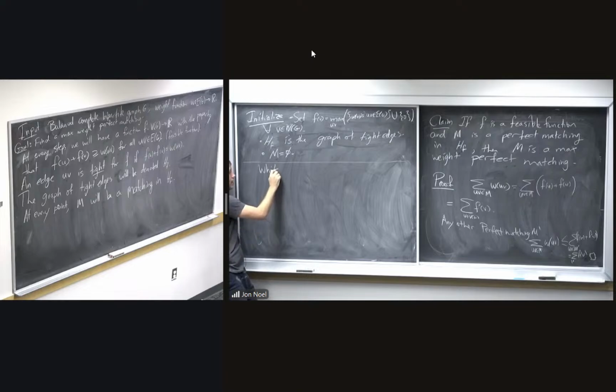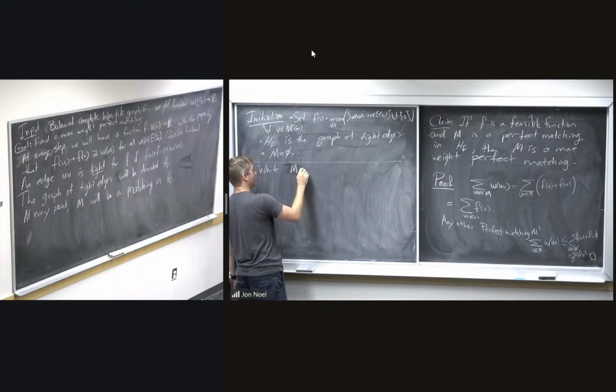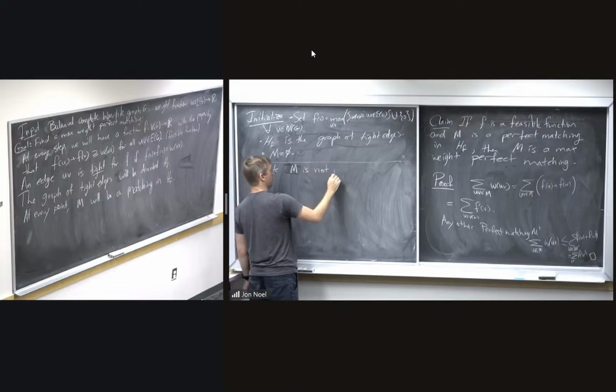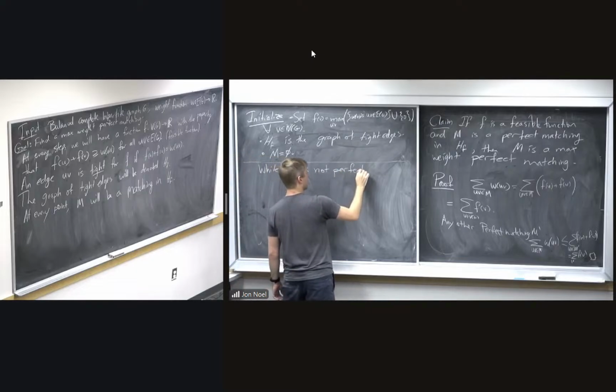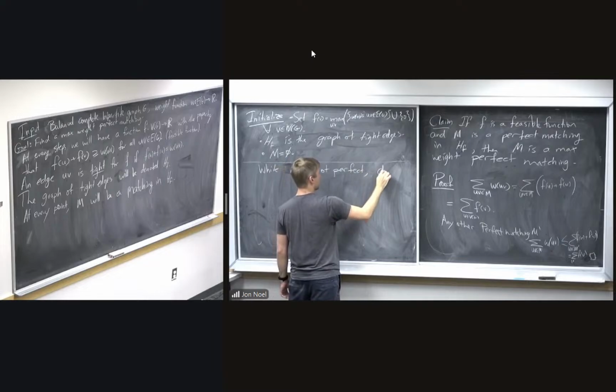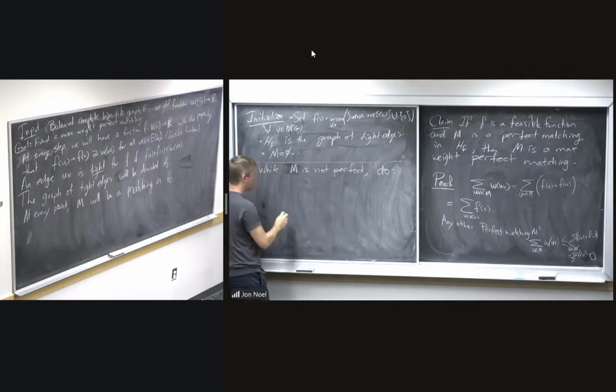So while M is not perfect, do the following. So first, if it's not perfect, then X and Y have the same size, right? So if something's unsaturated somewhere, then there's something in X that's not saturated.